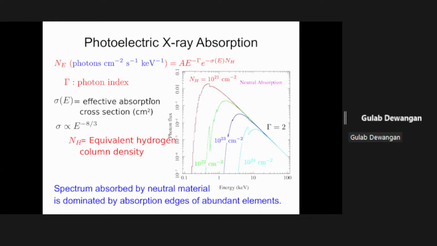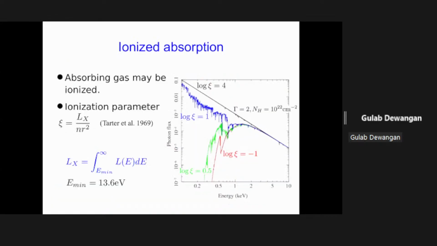But how do these absorption lines appear? The absorption lines appear when the gas is ionized. So it depends on the ionization parameter, defined as the X-ray luminosity divided by the density of the atoms and R squared.